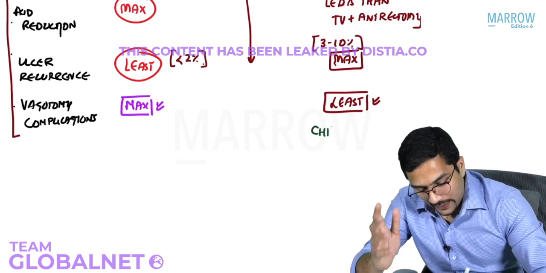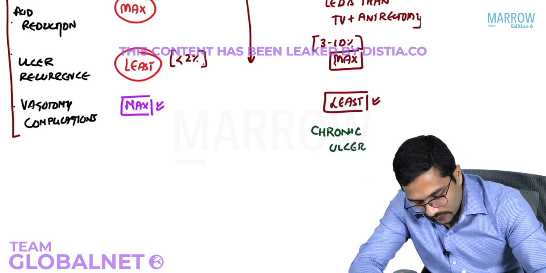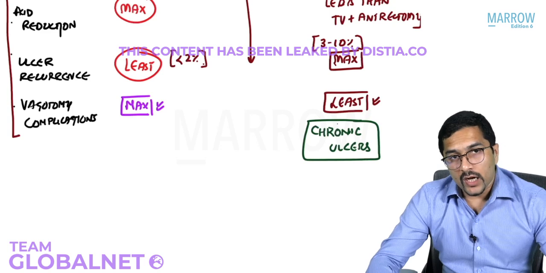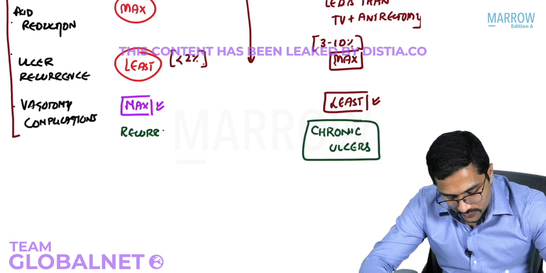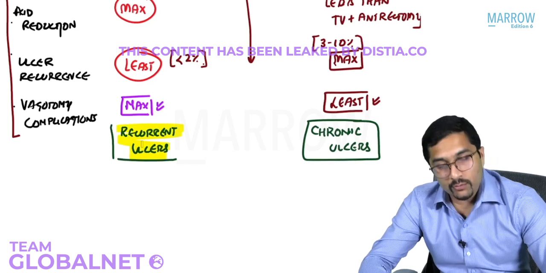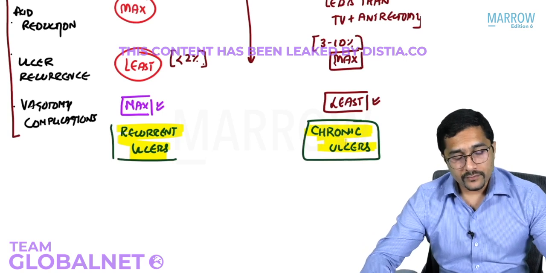Around 7-8 years back, this was asked, that this was done for chronic ulcers. Now, of course, this has been replaced by proton pump inhibitors. Whereas truncal vagotomy plus antrectomy was done for recurrent ulcers. So, if you're solving very old questions, you can come across these two questions. For recurrent ulcers, it is truncal vagotomy plus antrectomy. Whereas for chronic ulcers, it is highly selective vagotomy.